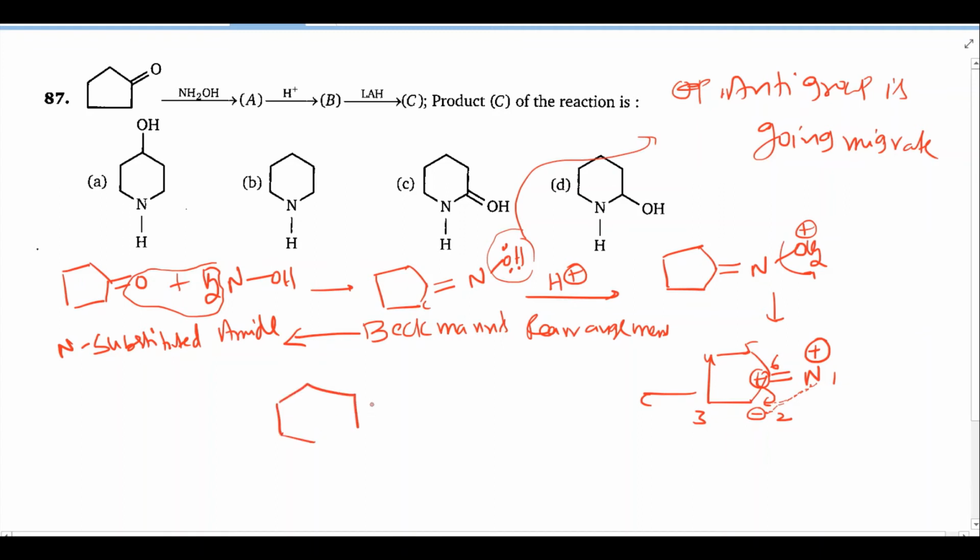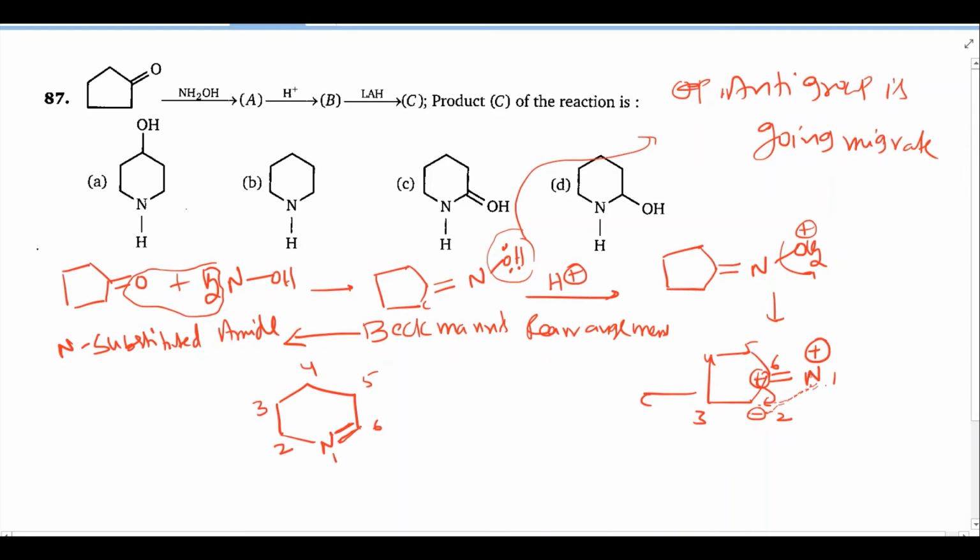Here between 1 and 6 there will be a double bond. Suppose this is N, N is 1, 2, 3, 4, 5, 6. There will be a double bond. Here, between 1 and 6, there will be a new bond.